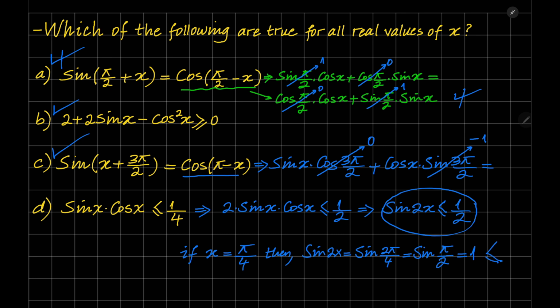This is not less than or equal to 1 over 2. So, option D is wrong, not true. A is false, B is true, C is true, and D is false.